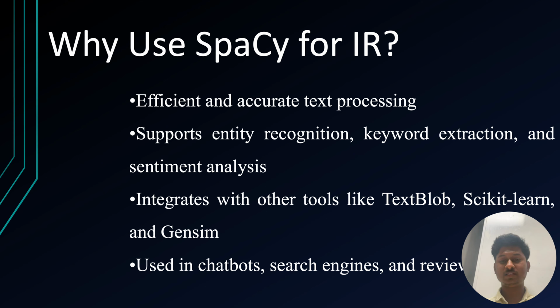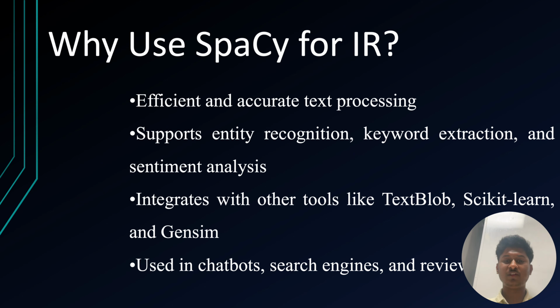One big advantage is that SpaCy integrates smoothly with other Python tools such as TextBlob and Gensim, which means we can combine multiple NLP techniques easily. SpaCy helps IR systems perform key operations such as entity recognition, keyword extraction, and sentiment detection, all of which improve search quality and ranking.